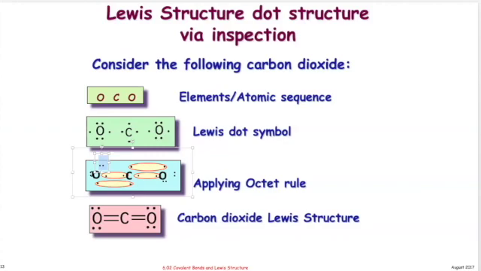Another oxygen has 2 lone pairs, 4 electrons. So this carbon dioxide molecule has a total of 4 lone pairs and 4 bonds. The total valence electrons is 4 from carbon, 6 from one oxygen, 6 from another oxygen: 12 plus 4, 16.